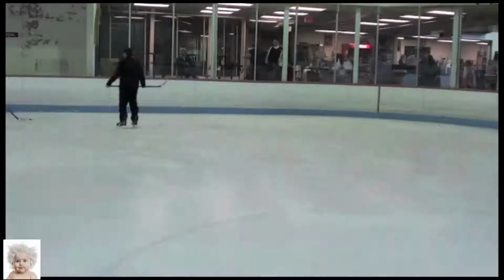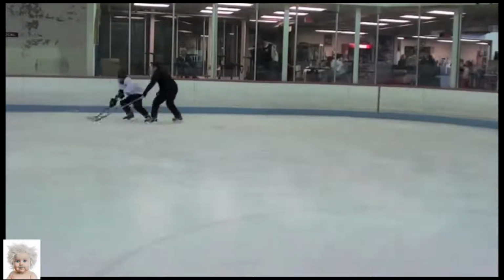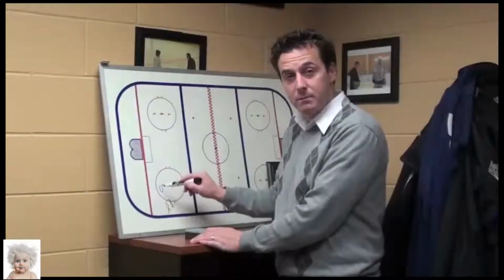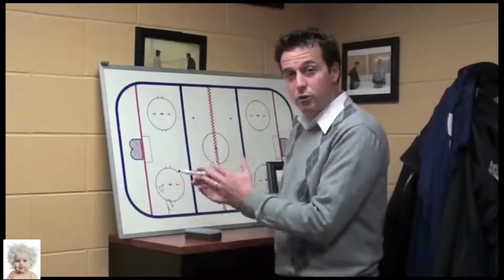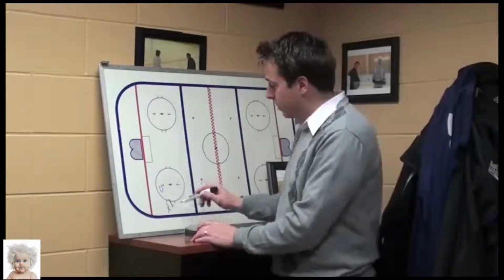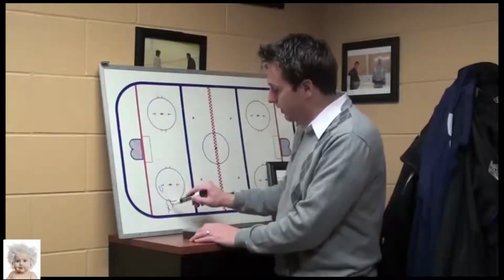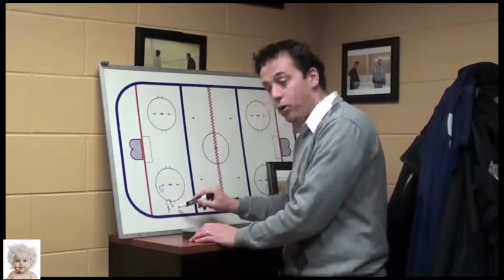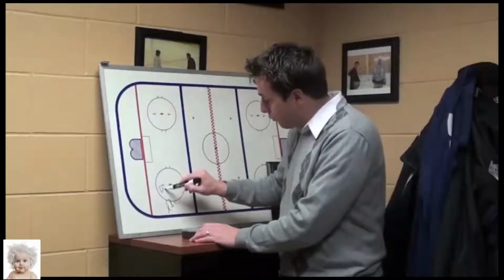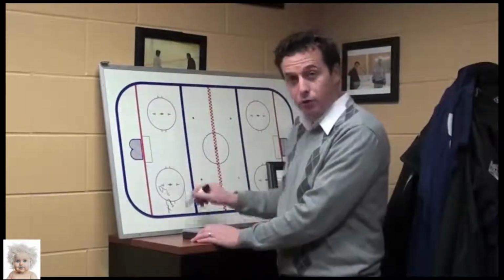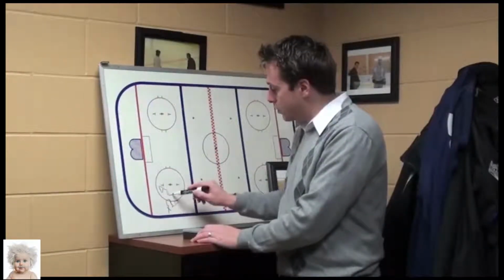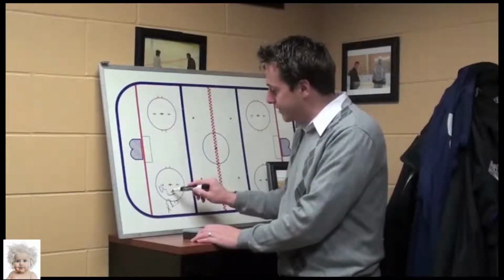This is what we try to teach our forwards: you manipulate the defenseman and make the decision that he makes poor, regardless of whichever choice he makes. So in this situation, we use the fake of coming at him and then pulling back to get the defenseman to come to us. Once he comes to us, now we can fake one way, which gets him to turn his skates.